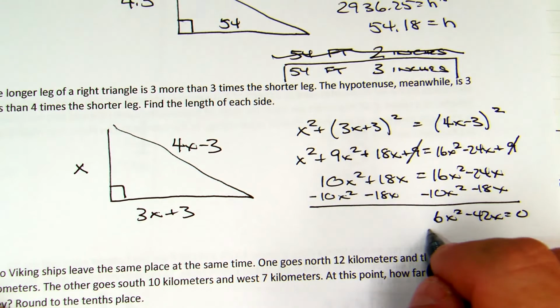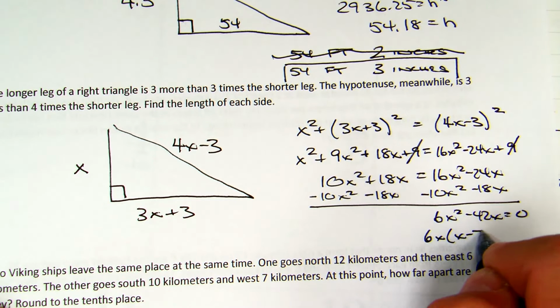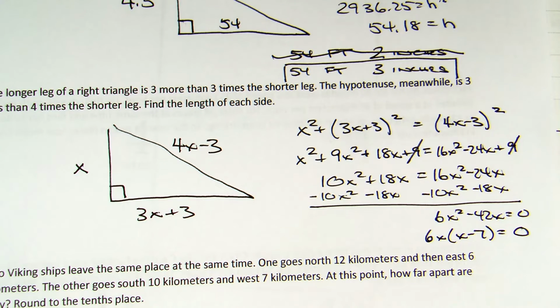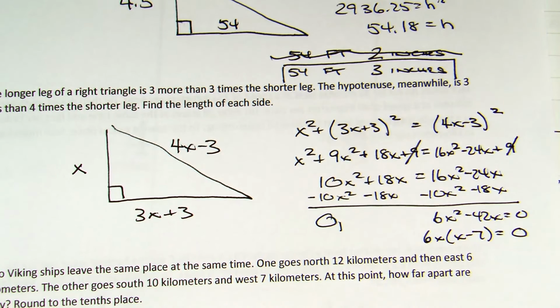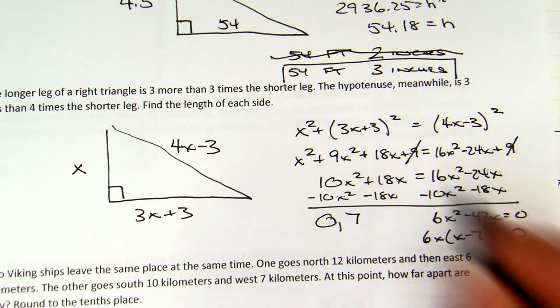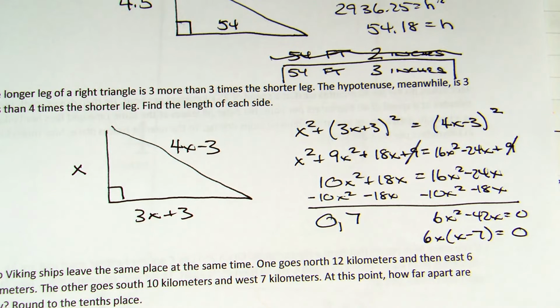I'll pull out a 6x, leaving me with x minus 7. Whenever I have a binomial that's not a difference of 2 squares, I'm going to pull out a GCF. That gives me 2 solutions: 0, which comes from the 6x, and 7, which comes from the x minus 7.